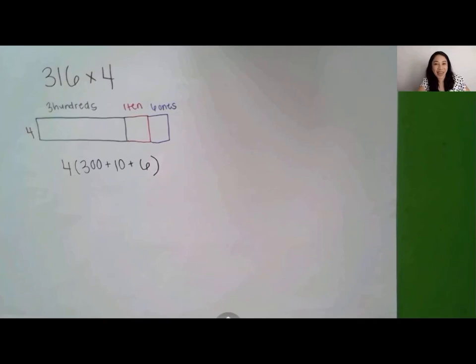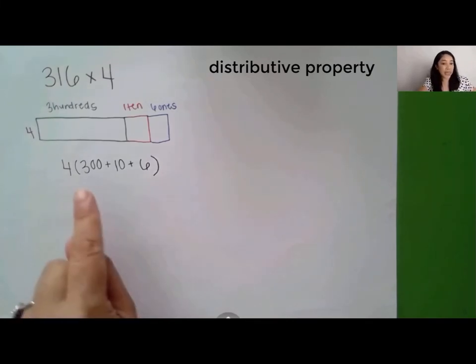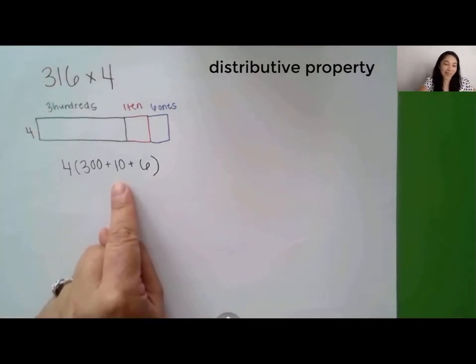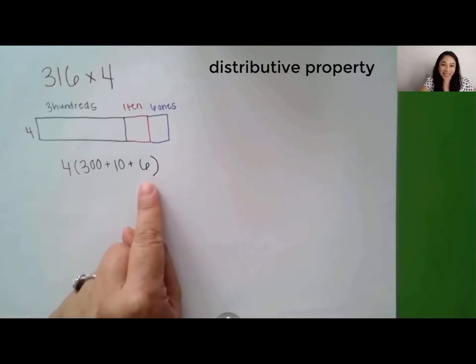Whisper this phrase with me now. Distributive property. With the distributive property, we can break apart the large multiplication problem into smaller parts and still get the same product. In this case, we can multiply 4 times 300, 4 times 10, 4 times 6. Let's write out this equation.